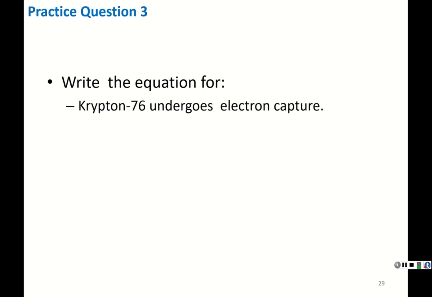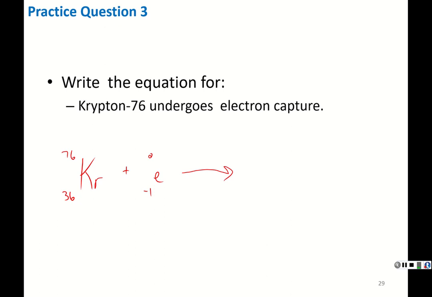Okay, and then the last one, write the equation for krypton-76 undergoing electron capture. So, krypton-76, krypton's atomic number is 36, and it's not K, it's Kr. And that's capturing an electron, okay, which we could also write as a beta particle.